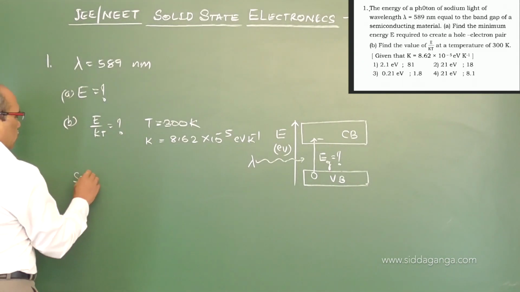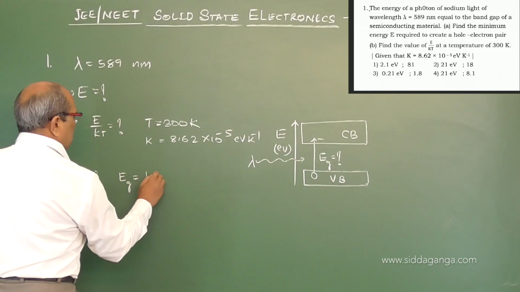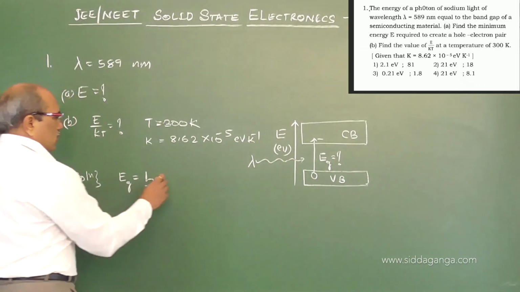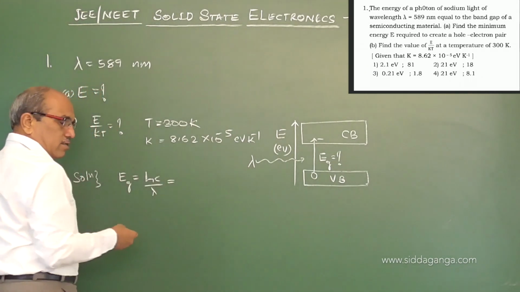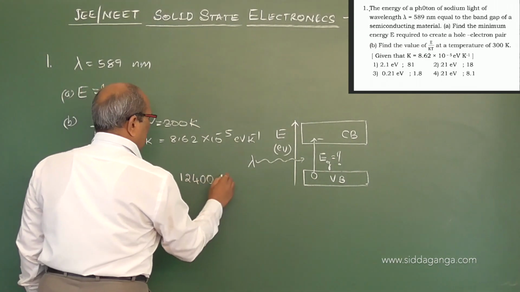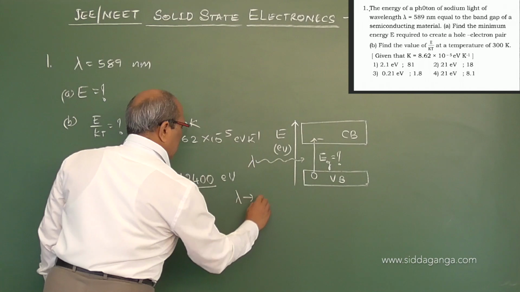Basically, the energy gap is nothing but the energy of the incident photon, hc by lambda. But for entrance purposes we directly take 12,400 in terms of eV by lambda, when lambda is in angstrom.